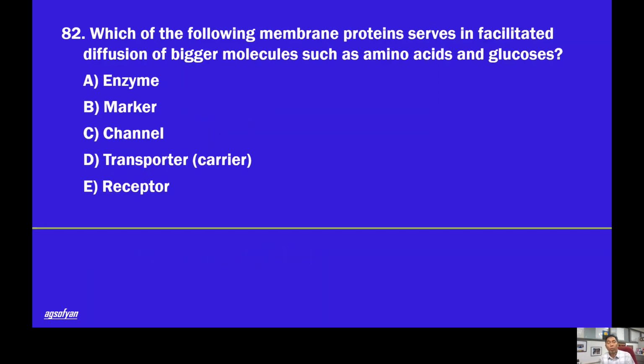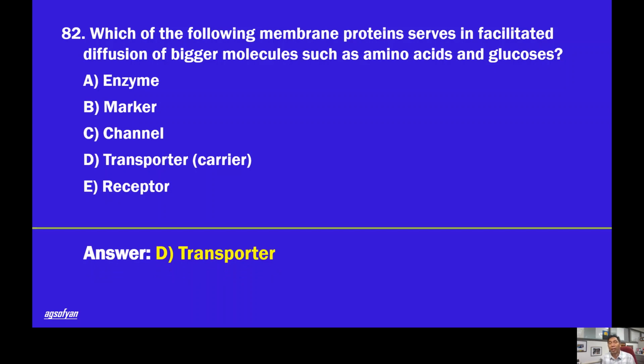82. Which of the following membrane proteins serve in facilitated diffusion of bigger molecules such as amino acid and glucose? Enzyme, marker, channel, transporter or carrier, or receptor? Choose your answer. Yeah, the answer is the transporter or carrier.